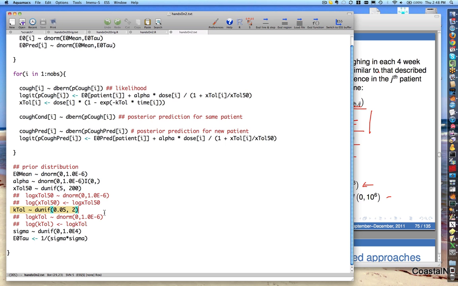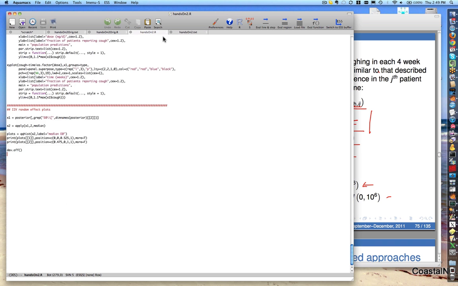And then for KTOL, a similar strategy: I put a lower bound on this and an upper bound, and more than anything else, I wanted to restrict that lower bound so it's not being pushed down to 0. So that's the basic change to assess how that performs. And what we see when we do that, I guess the other comment on that, the only change of relevance here really is what I did with the initial estimates.